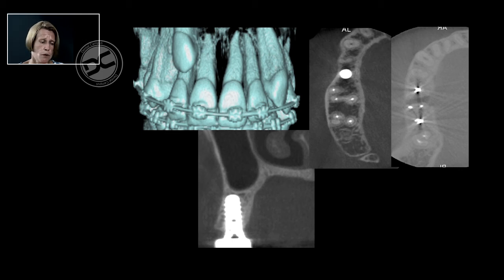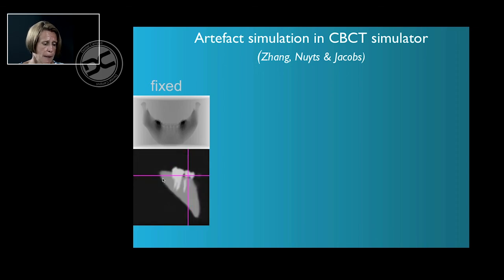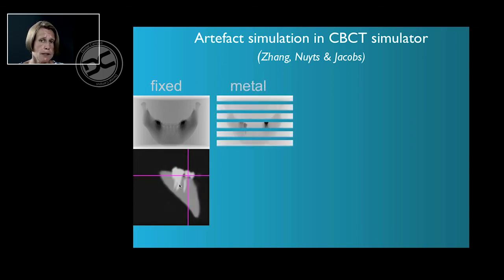We therefore performed a study based on a CBCT simulator, based on the development of Sang, and he first developed an artificial jaw model which was then scanned by the CBCT simulator, yielding these images. When comparing them to images where in this jaw metal was placed, you see the artifact of the metal.